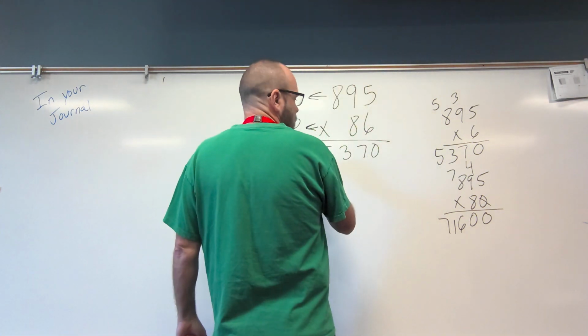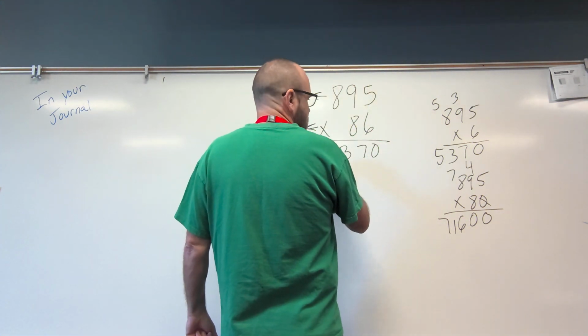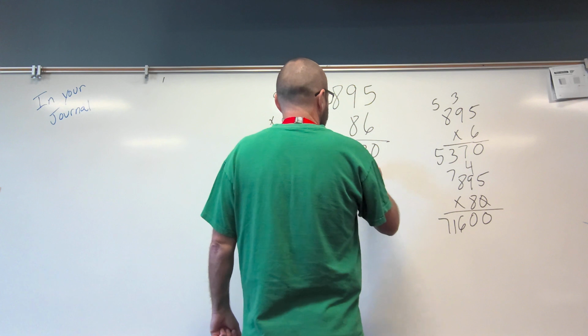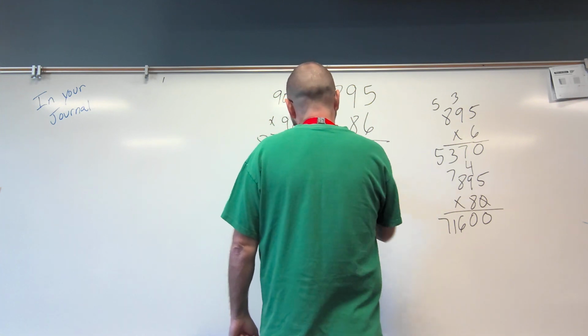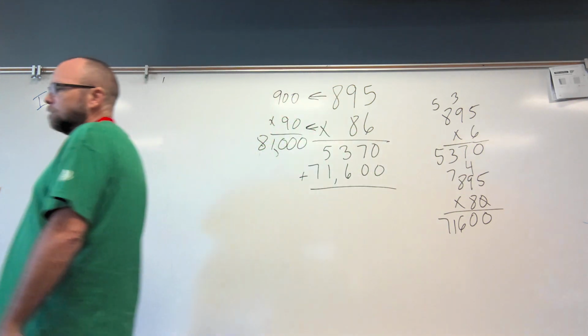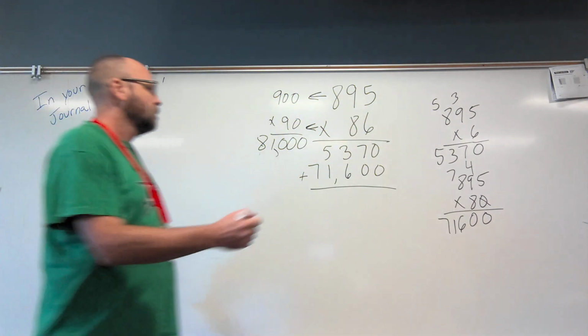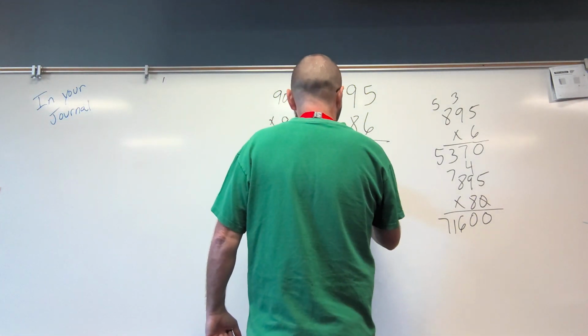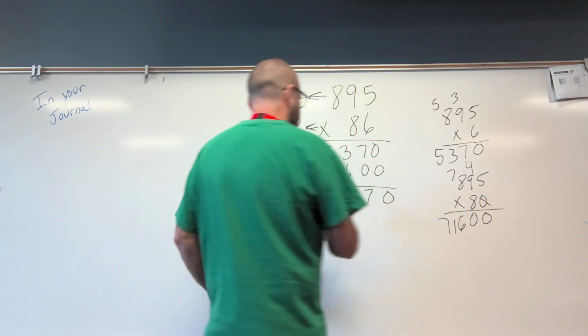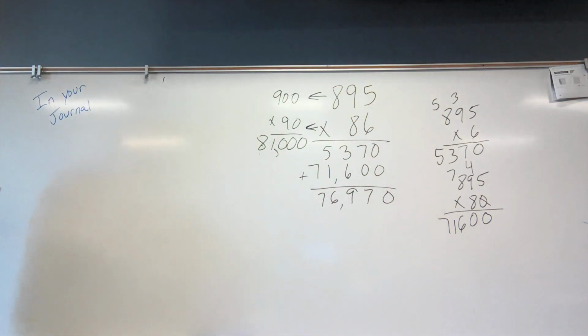So now I have 71,600. I add those two products together. Did we do everything right? Okay. 0, 7, 9, 6, 7. 76,970.